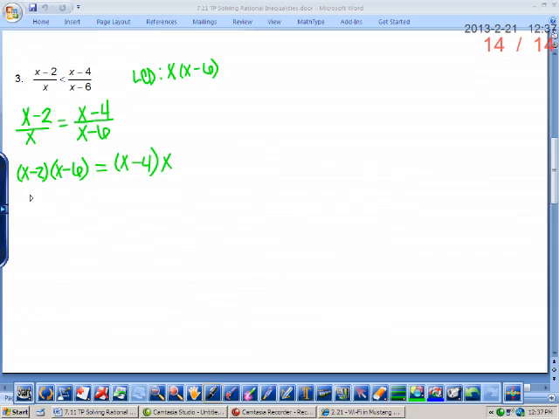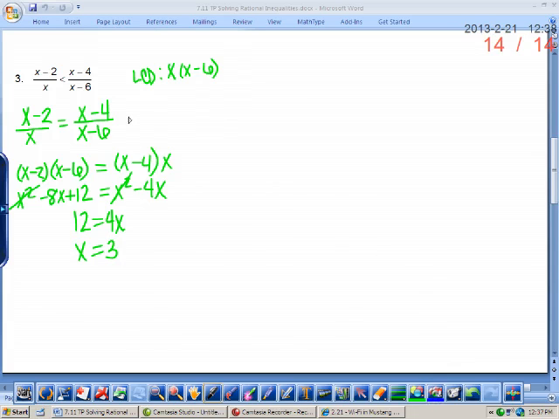All right, go ahead and double distribute. We would get x squared minus 8x plus 12 equals x squared minus 4x. What happens with the x squareds on both sides? They cancel, so we get negative 8x plus 12 equals negative 4x. So 12 equals 4x, and what does x equal? Negative 3. Should be a positive 3.